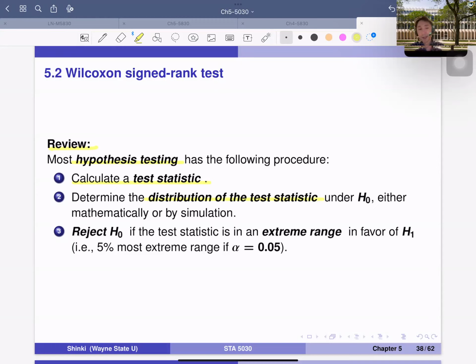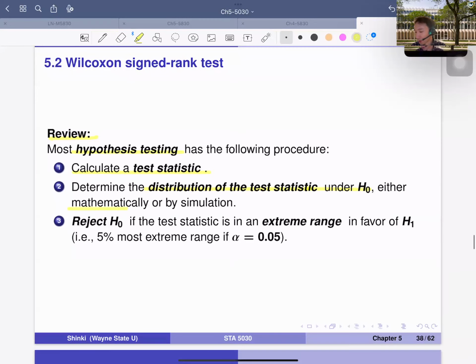In the case of the t-test, the t-statistic follows the t-distribution. In the case of the Wilcoxon test, we have to simulate the distribution based on the null hypothesis. But anyway, we have to determine the distribution of the test statistic under the null hypothesis.